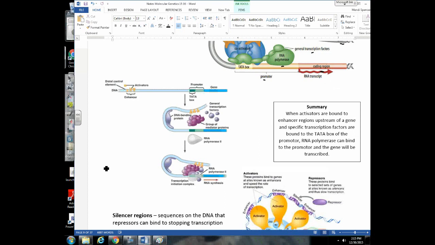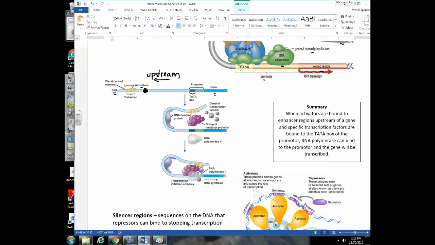It's just showing you DNA stretched out. So we have upstream, and I want to make sure I emphasize that word. Here we have the gene, but before the gene, or upstream on that DNA, is where we find these enhancer regions. And we can see that we have some activators that were activated, and they're starting to bind to those enhancer regions of DNA.